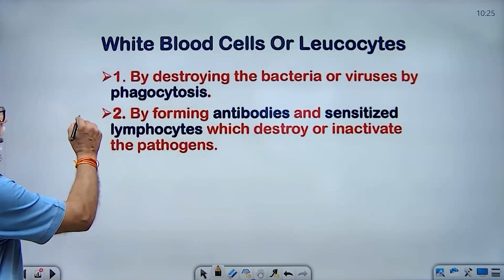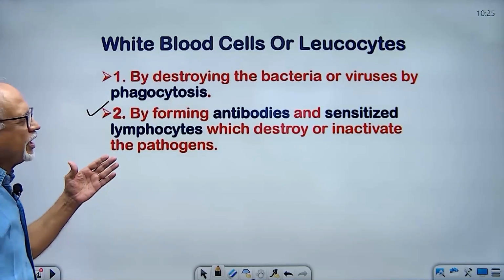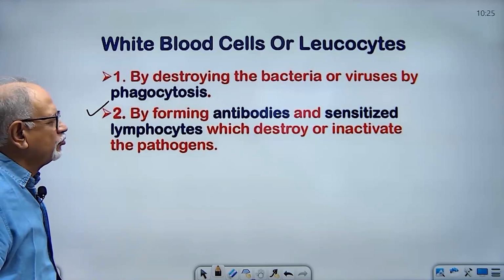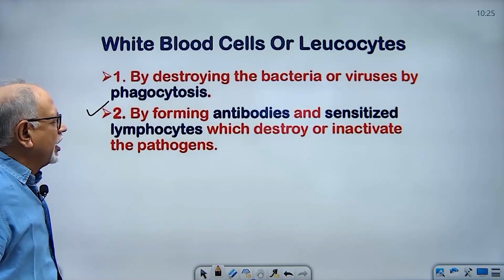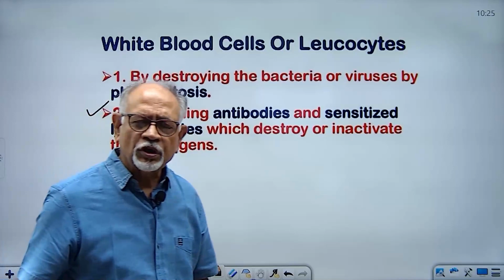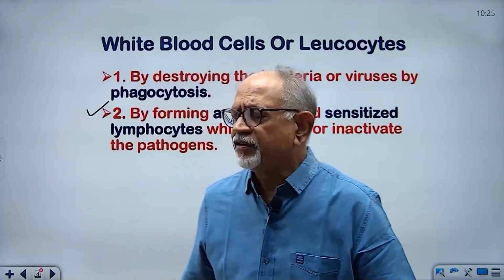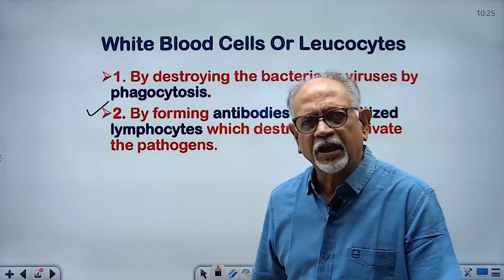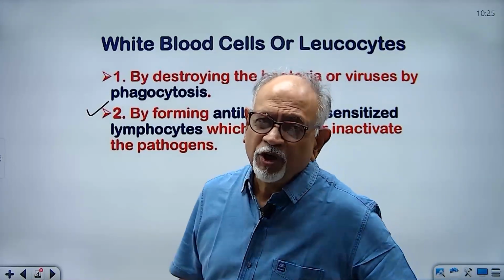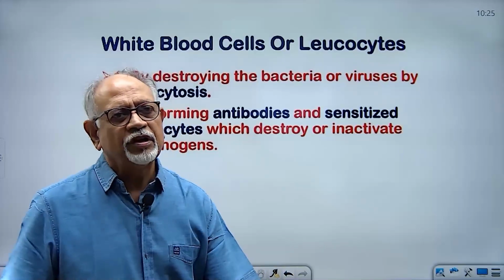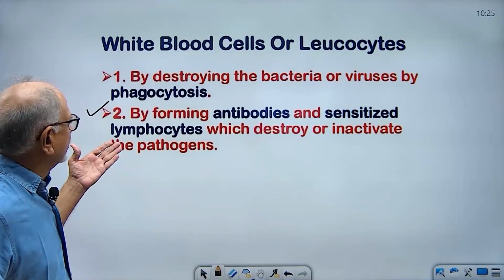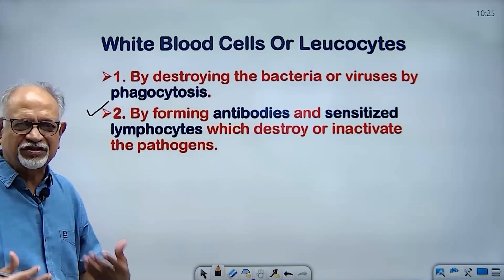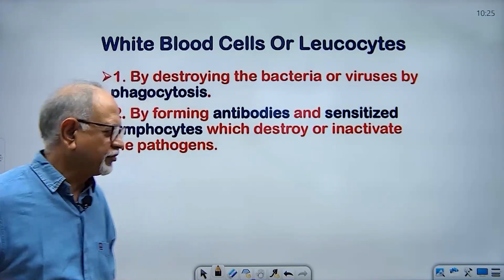The second is by forming antibodies and sensitized lymphocytes, which destroy bacteria and other pathogens. The leukocytes have a very important role in providing humoral immunity to us, thereby producing antibodies. These antibodies inactivate or destroy the pathogens.